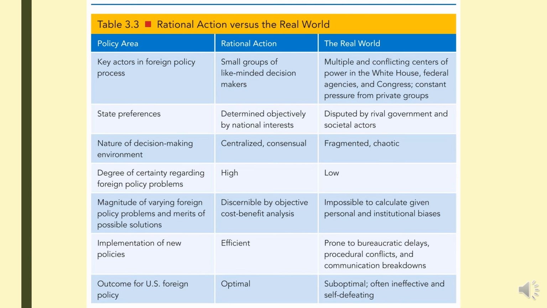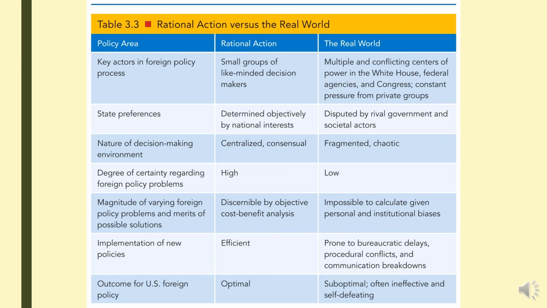There's a table in your book that explains the assumptions of rationality versus what happens in the real world. As we look at these different models of decision making in the next two lectures, and we look at the next lecture, which talks about failures of rationality, you'll see this table come to life.